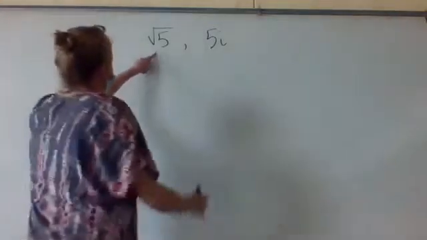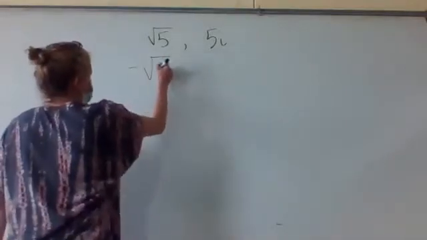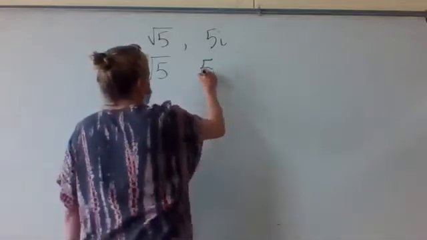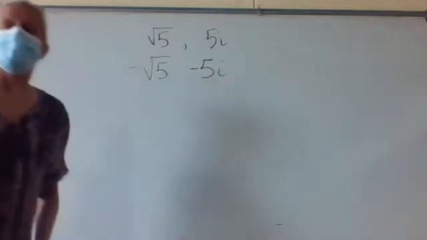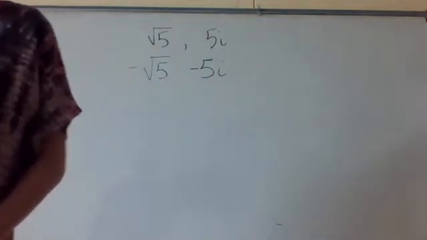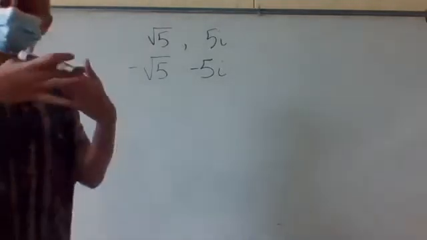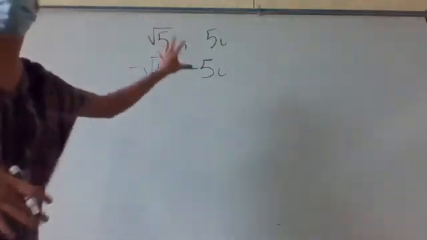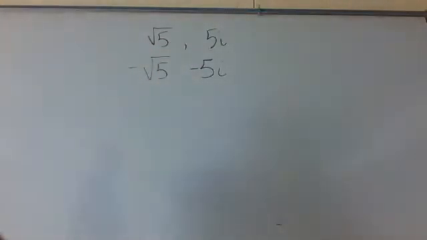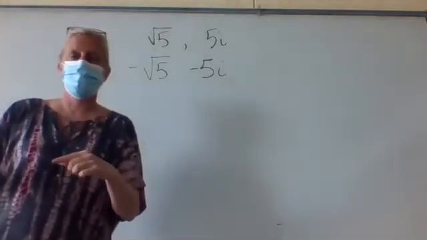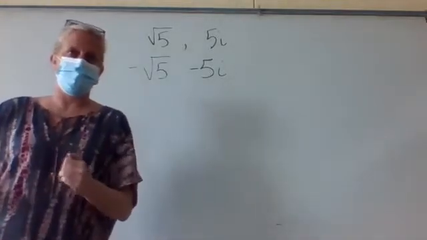Well, if the square root of 5 is a 0, so is the opposite of it. If 5i is a 0, so is negative 5i. So it wants us to take this one step further here. It wants us to find the polynomial function that created those zeros, which means turn each of those zeros into the factor that they came from and then multiply them all together again.